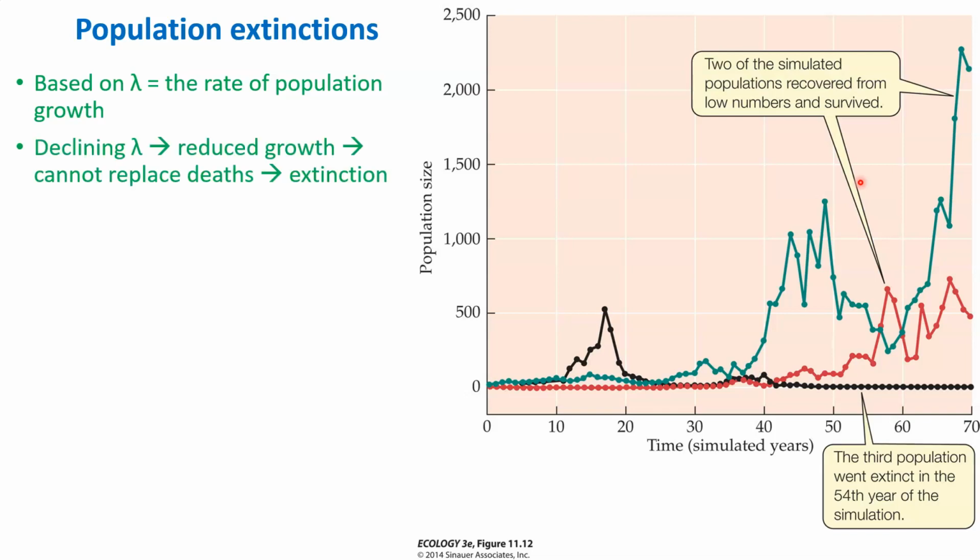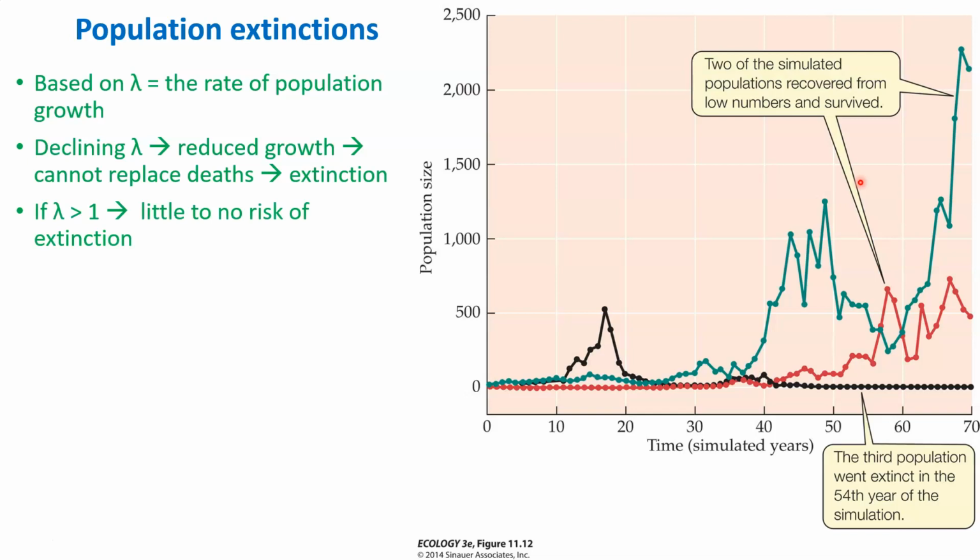Now, if lambda starts declining, meaning the population growth rate starts to plummet, you're looking at a situation where the birth rate is not high enough to replace individuals that are dying. So over time, if the number of individuals dying is greater than the number of individuals born, that particular population will become extinct.